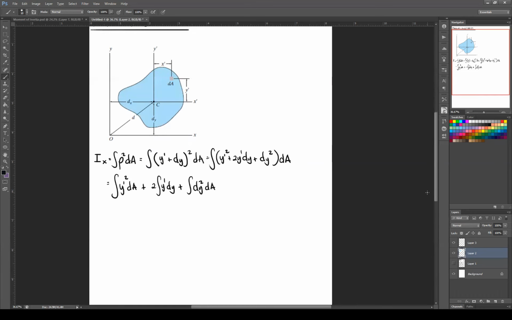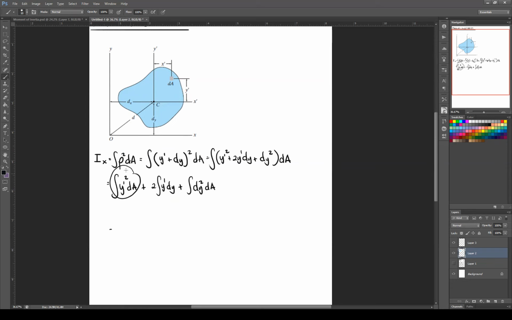So now let's look at each term. The integral of y prime squared dA, or simply put, integral of y squared dA, is just the equation for moment of inertia, right? And this y prime is the distance to the centroidal axis.